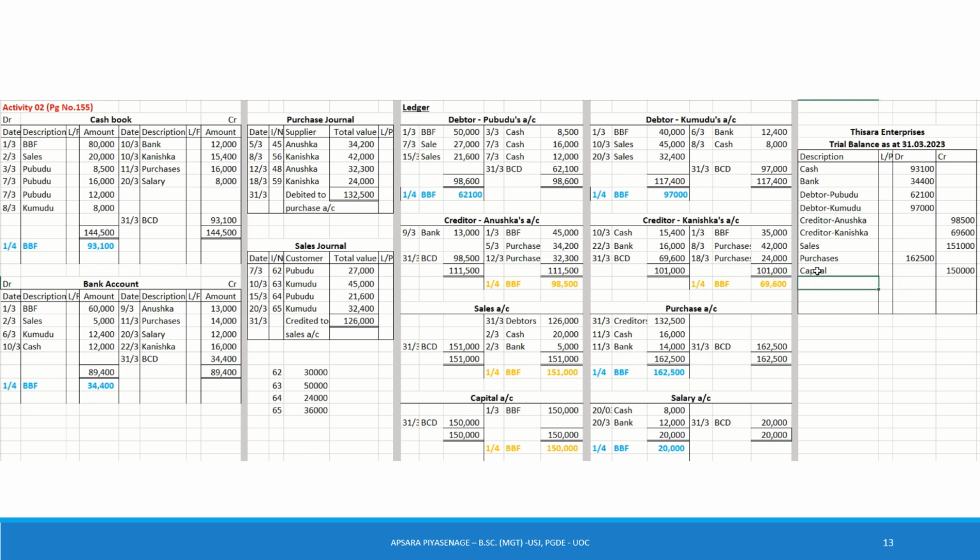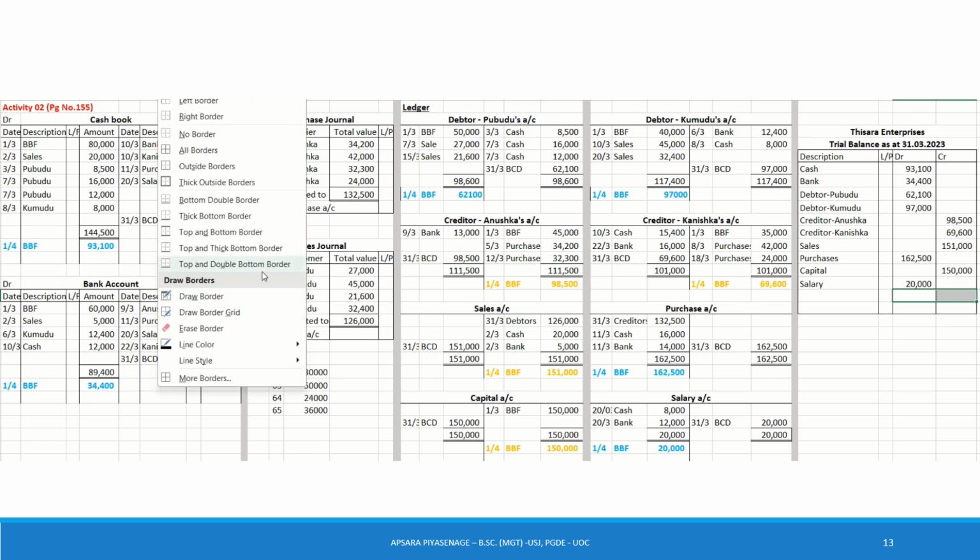And in the salary account, there's a balance of 20,000. Then we will get the total.